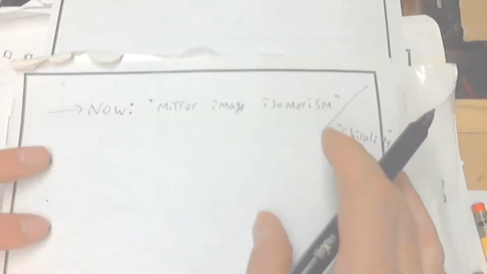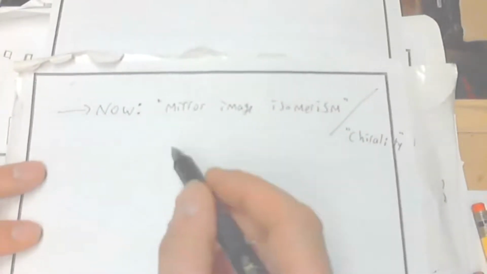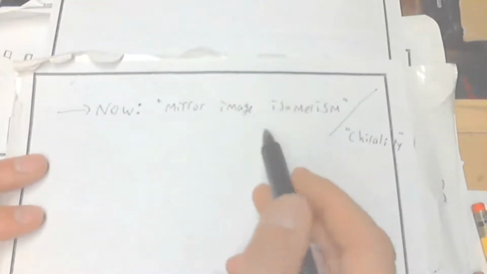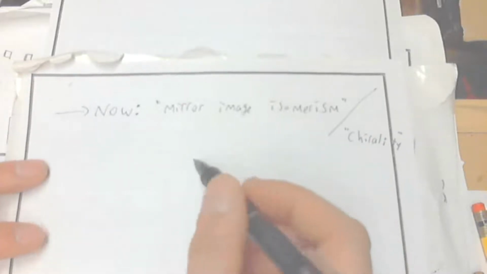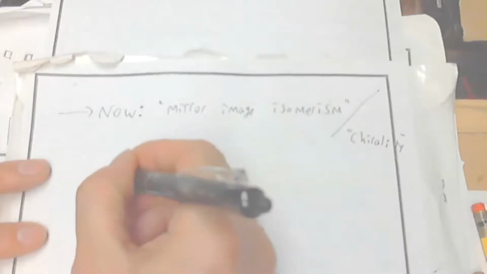What do we mean by this? Let's draw a molecule as an example. This is a type of stereoisomerism.